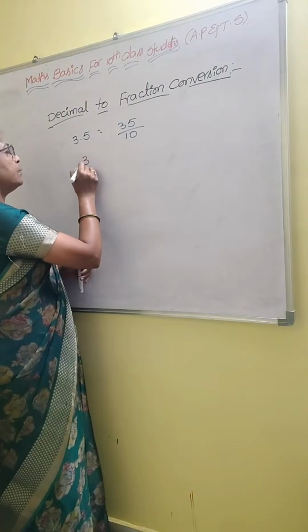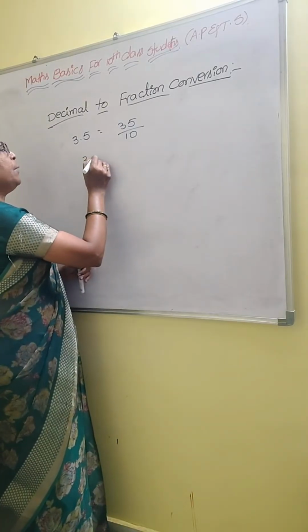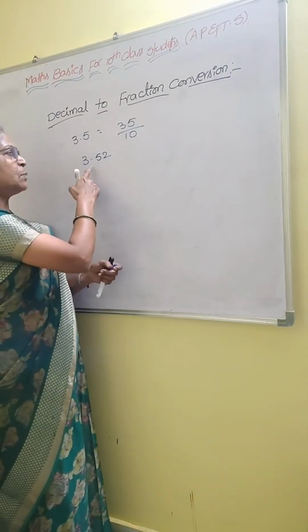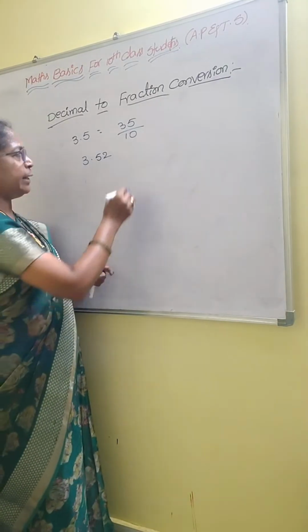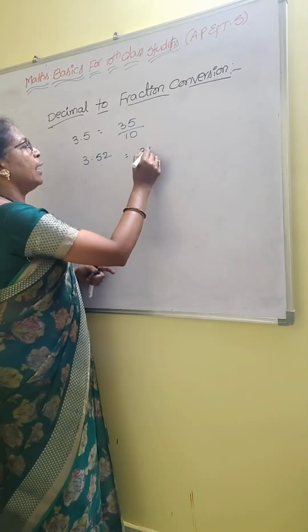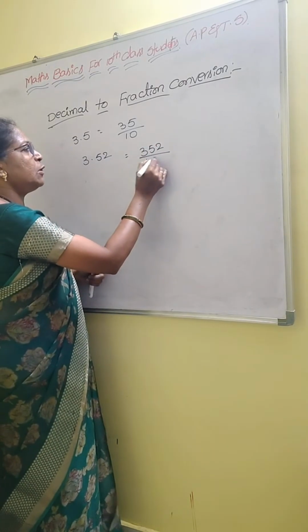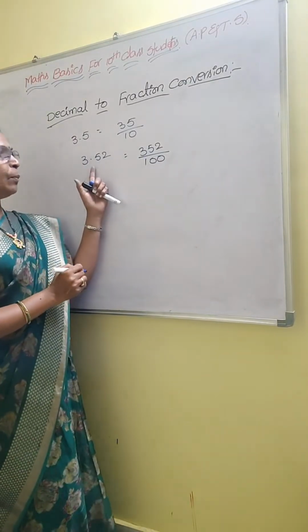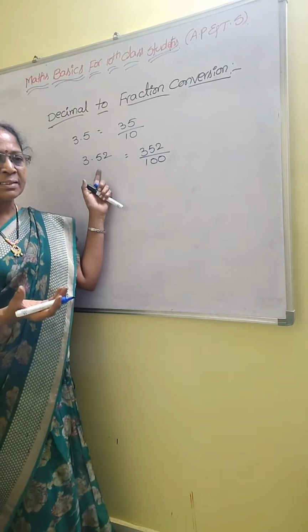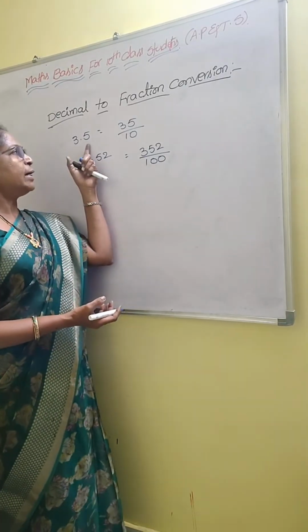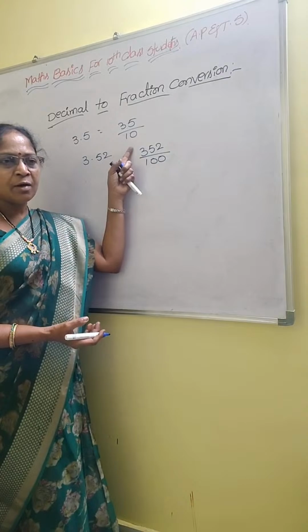And here 3.52, after the decimal point 2 digits are there. Remove the decimal point, write the number, and divide it by 1 followed by 2 zeros. Point after, however many digits are there, that many zeros you have to write. Here 1 digit is there, so you put 1 followed by one 0.